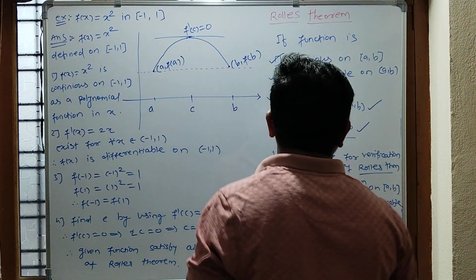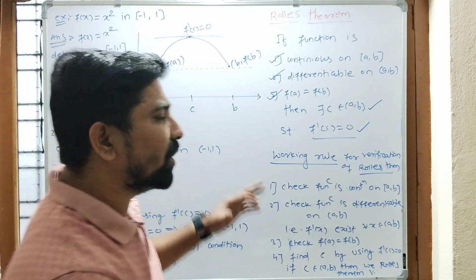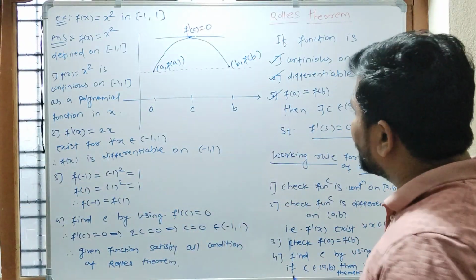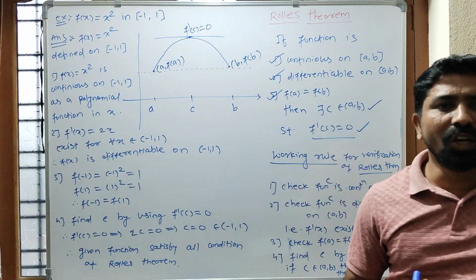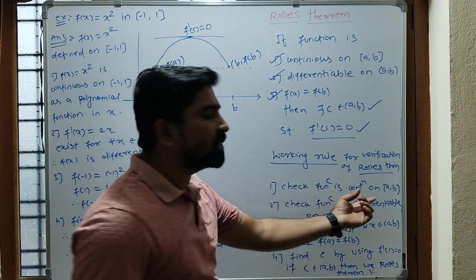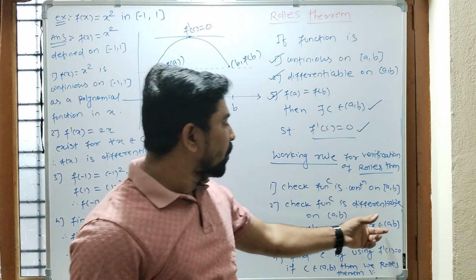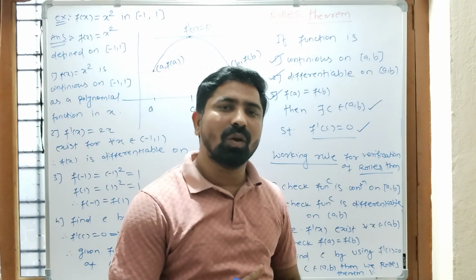Now how to check? Working rule for the verification of Rolle's theorem. When we say that the given function satisfies the condition of Rolle's theorem or not, the working rule: check whether the given function is continuous on the closed interval AB or not, and check whether it is differentiable on the open interval AB or not.